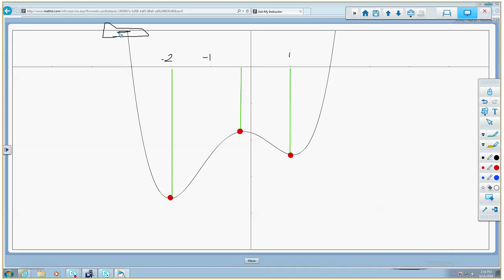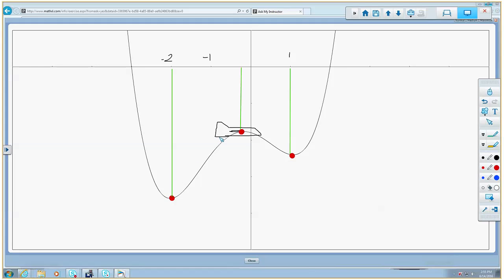Okay, starting over here. The plane is decreasing from negative infinity, because it's coming from negative infinity. And when it hits right here, it's going down till we get to -2. And at -2, it starts to increase.